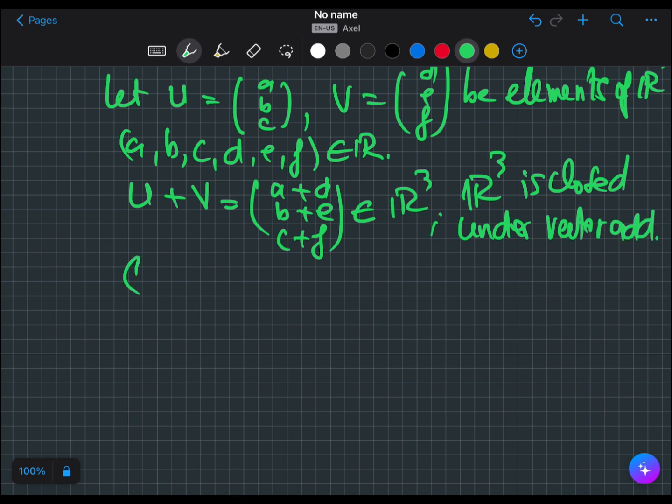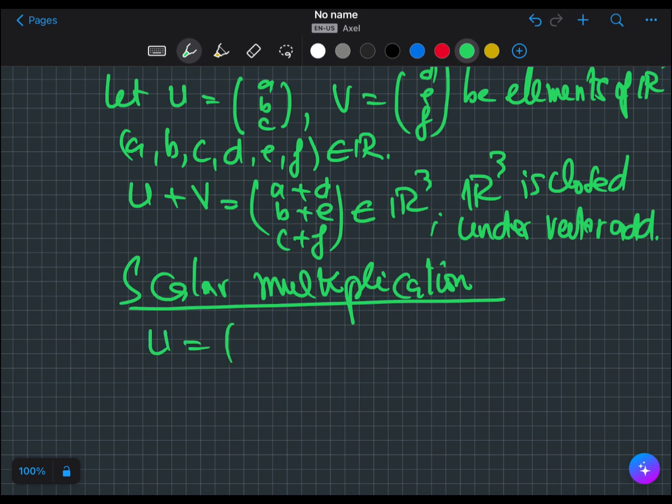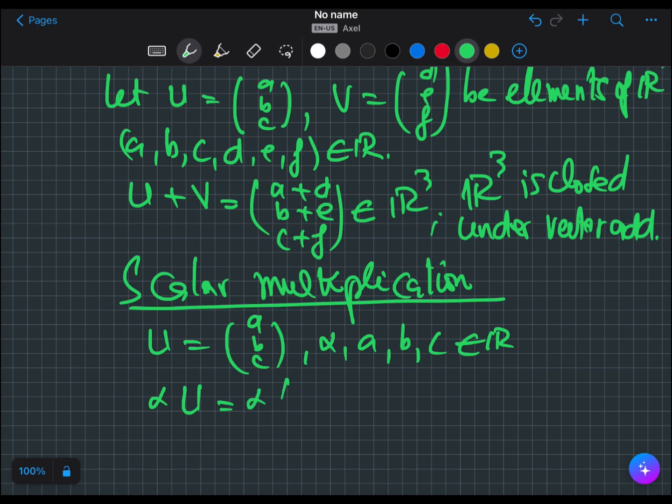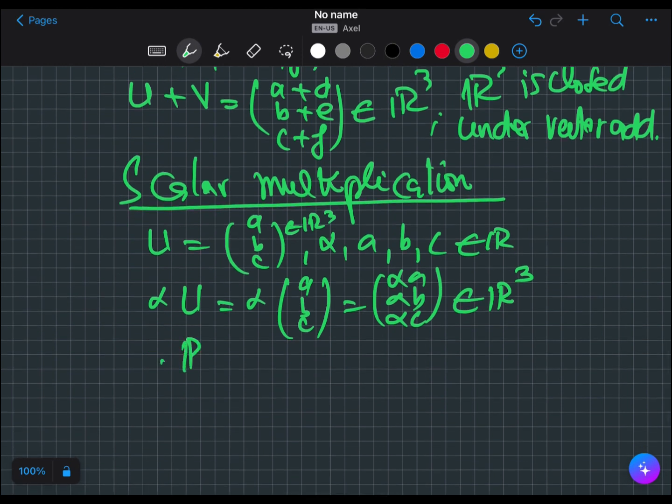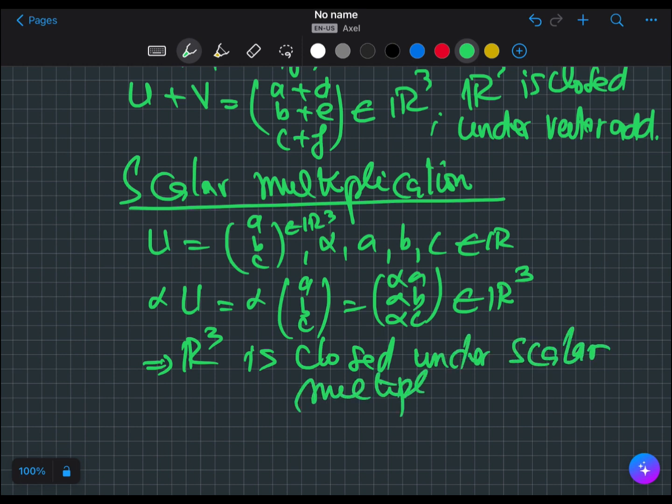Now, if we consider scalar multiplication, U is A, B, C, and we consider any scalar alpha in R, then alpha U equals alpha A, alpha B, alpha C, which also belongs to R3, and U is in R3. Then we will say that R3 is closed under scalar multiplication.